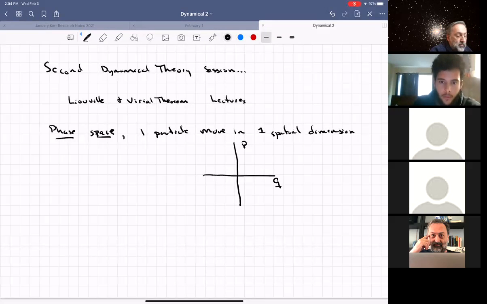So this QP space is a one-dimensional phase space, or is the phase space for one particle that can move in one dimension, one spatial dimension.